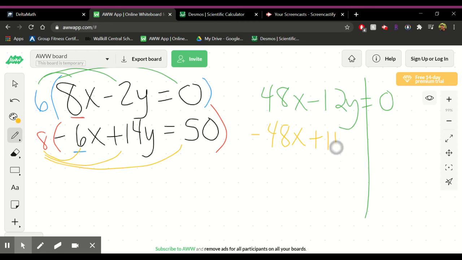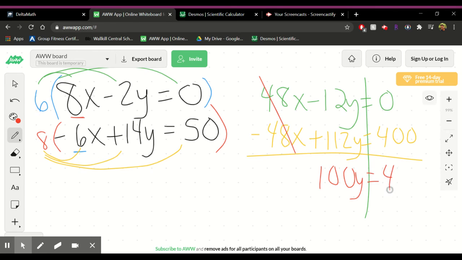Oh, this is going to be nice. 8 times 50 is 400. So when I combine those together, these cancel, and I get 100y equals 400. Divide both sides by 100, and you get y is 4.